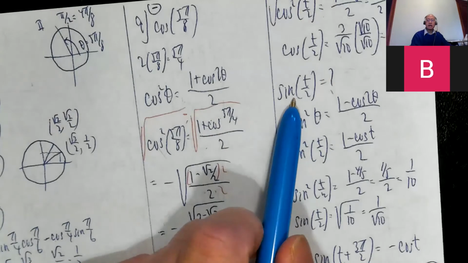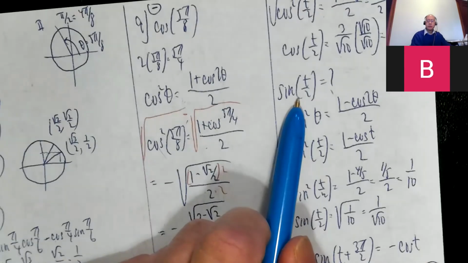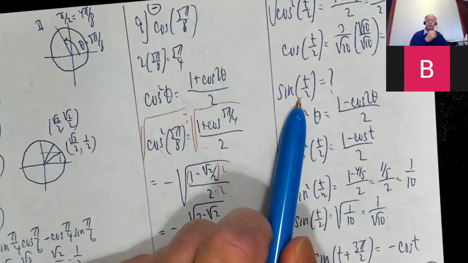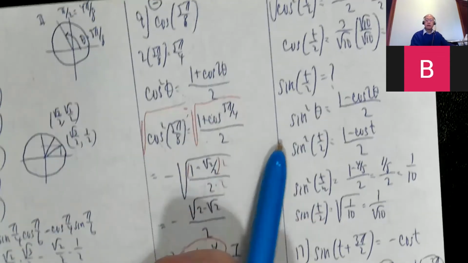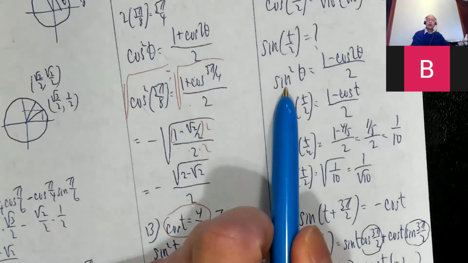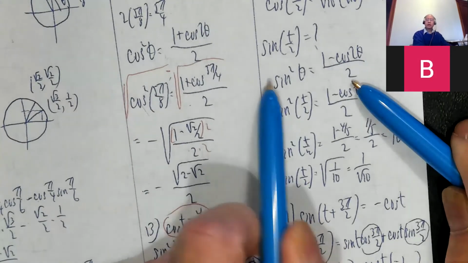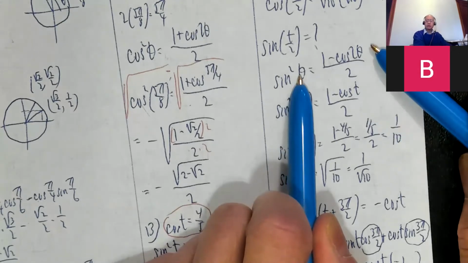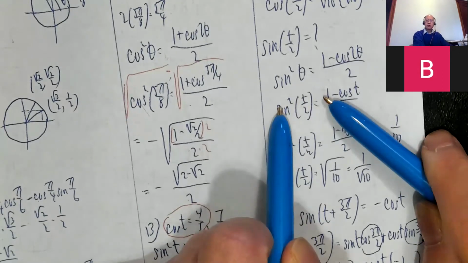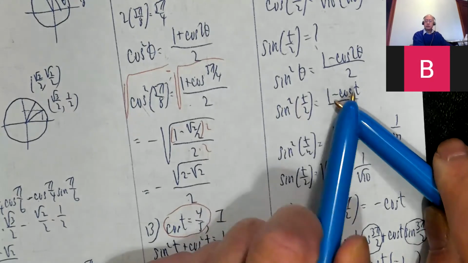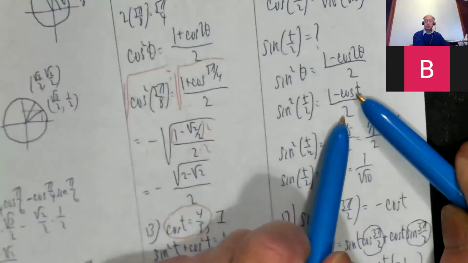Then it asks for the sine of t over 2. Again, I'm in quadrant 1. If t is in quadrant 1, half of that's still in quadrant 1, so I want the positive. So the identity: sine squared of theta is 1 minus cosine 2 theta over 2. To use the formula to go from here to here, you double the angle. So sine squared of t over 2, double the angle, you have t, 1 minus cosine t over 2.